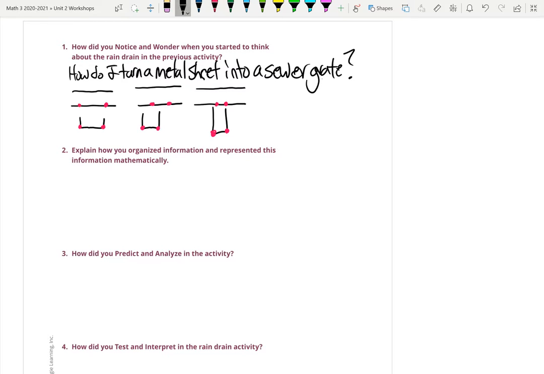All three of these rectangles form a cross section. If you want to think of this as a dashed line, all of these are rectangles. The cross section is a rectangle. We're missing the top.